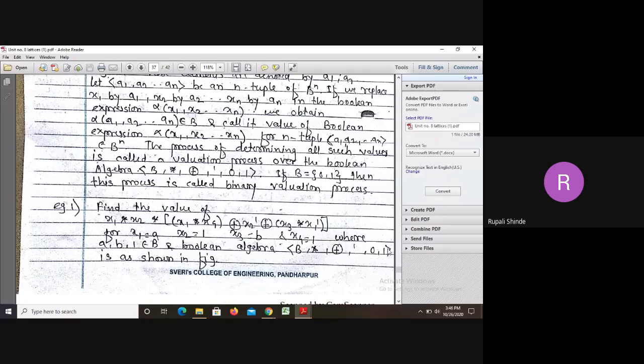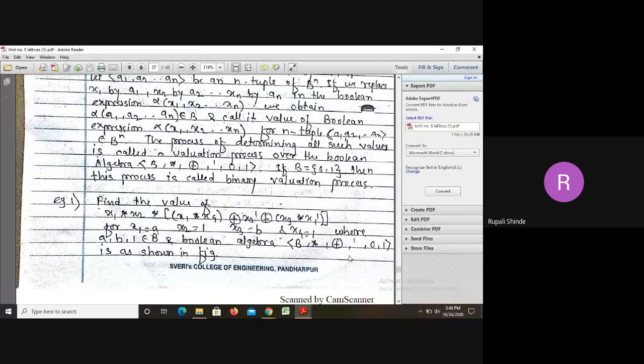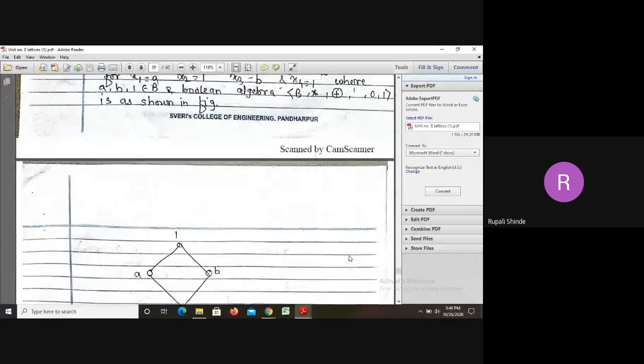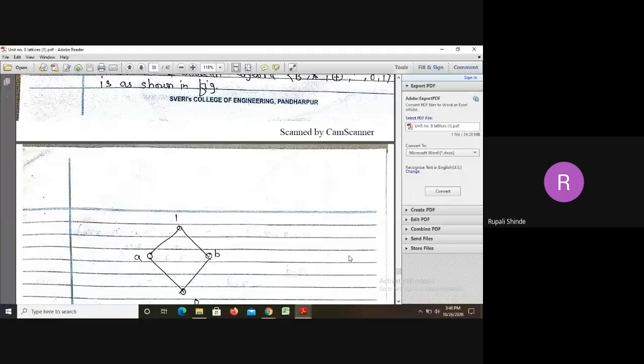It's lower bound or least element, and 1 is greatest element. So these two elements are there. This is the given Boolean algebra that is shown over here, and from this Boolean algebra we have to find the value for this given expression.